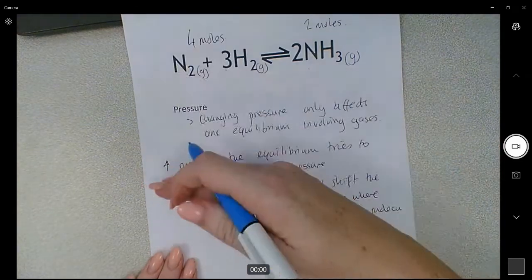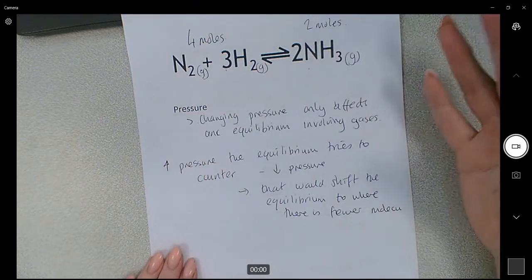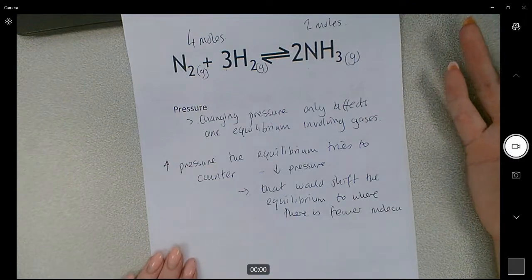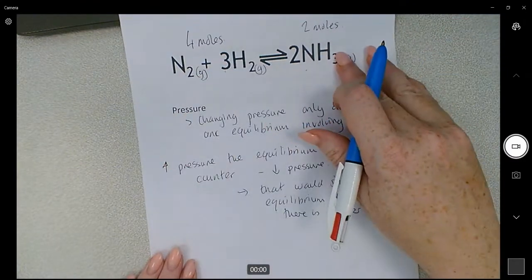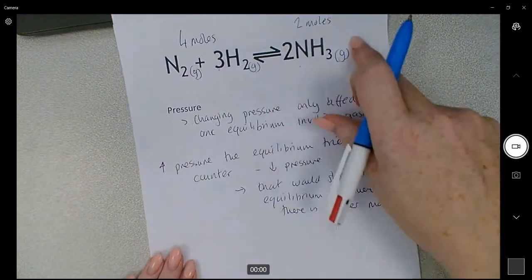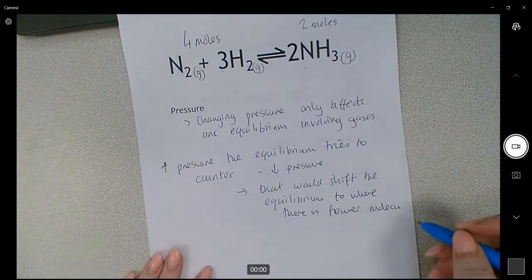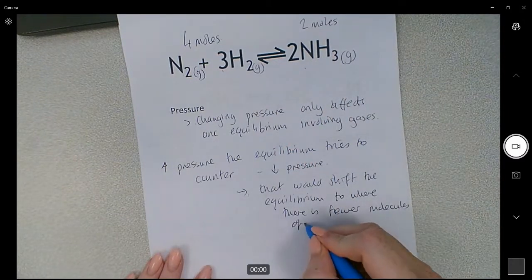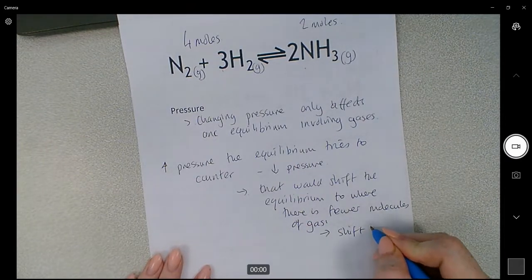If I'm increasing the pressure, the system's trying to counteract by shifting it to wherever there's fewer molecules, so therefore less pressure. So in this case, there's 4 moles over here, there's 2 moles here. So actually increasing the pressure is going to shift it to where there's fewer molecules. So I'm going to shift it over to the right. So fewer molecules of gas, so therefore shift to the right.